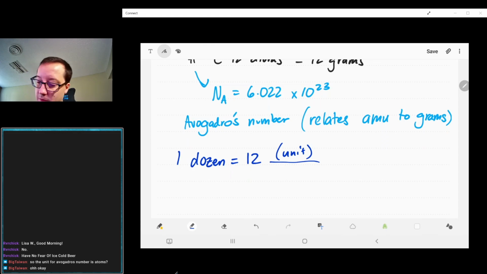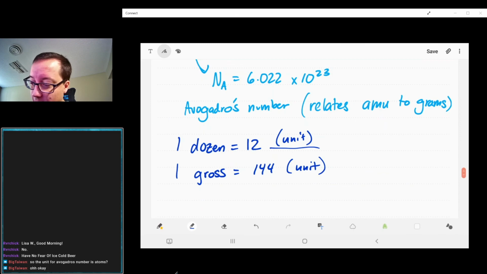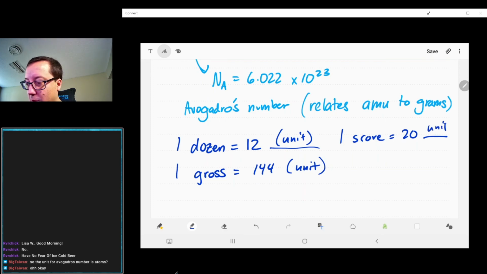We have another number called a gross, which is 144 of whatever you're looking at. A gross of staplers. I don't know. These are kind of bizarre units, but we just have terms for them. A score is 20 of units. So four score and seven years ago is 87 years. Right? So a score is 20 of something.